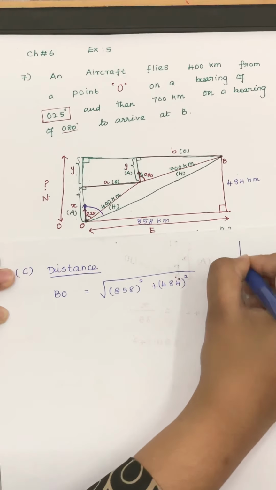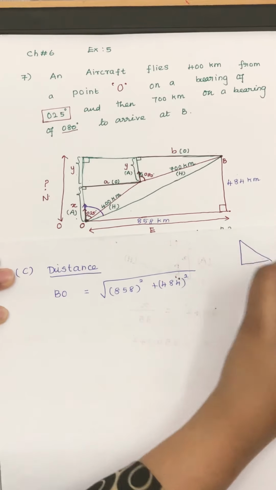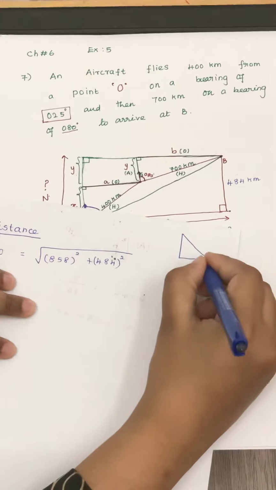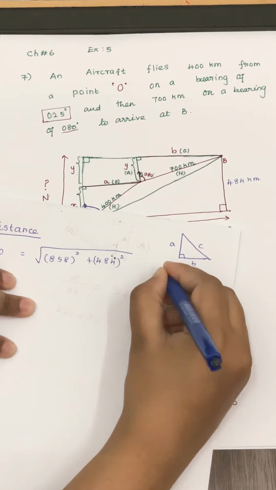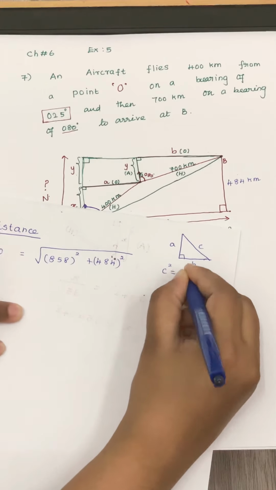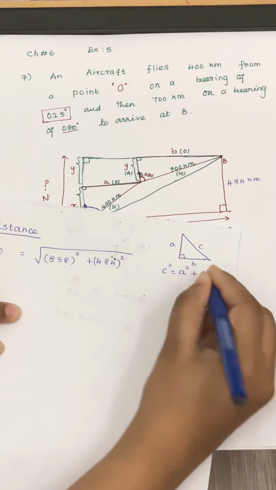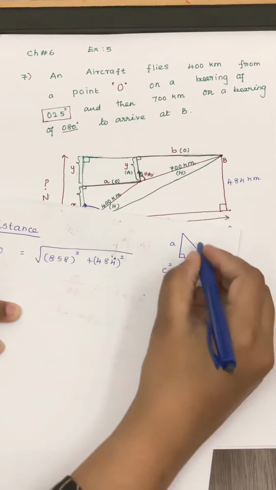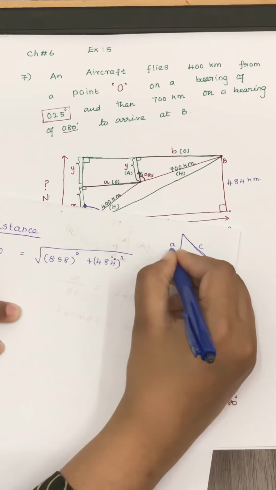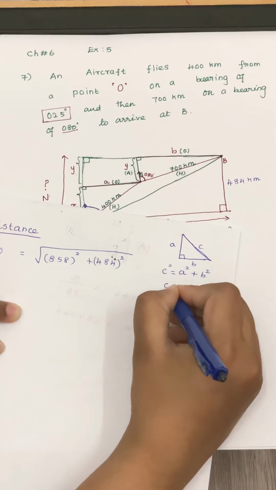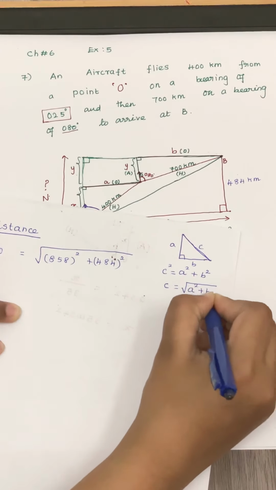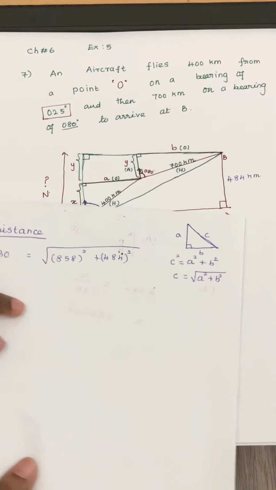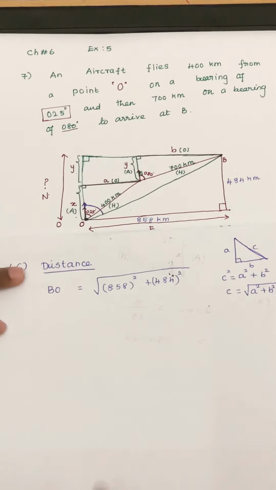If you want, I can write down the Pythagoras theorem here. This is right angle triangle ABC: C squared equals A squared plus B squared. If you want to find C, you have to take the root of A squared plus B squared. This is Pythagoras theorem, so I am using it here.